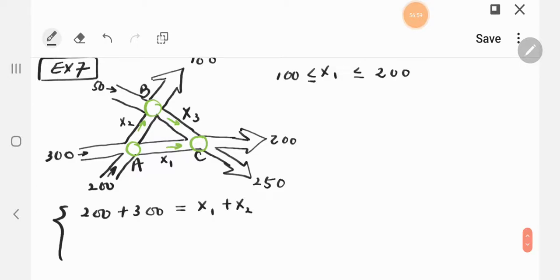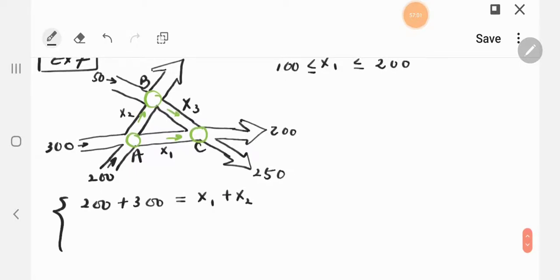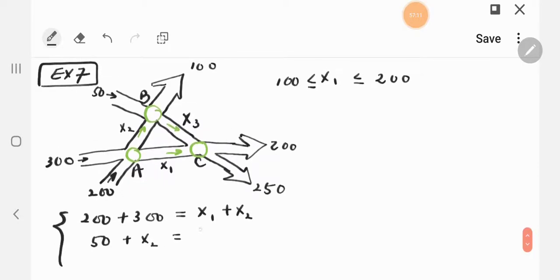From intersection B, 50 is the number of cars coming in, and x2 is the number of cars coming in, and the number of cars going out is 100 plus x3. x3 is the number of cars going to intersection C, and 100 cars are going to the northeast side.